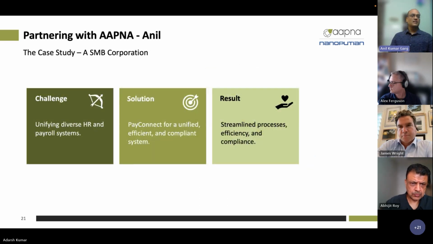The case study, empowering SMB corporation. Allow me to share a case study that exemplifies our commitment to growing payroll integration expertise and empowering businesses. An SMB player in the Indian market was facing challenges in unifying their diverse HR and payroll systems.